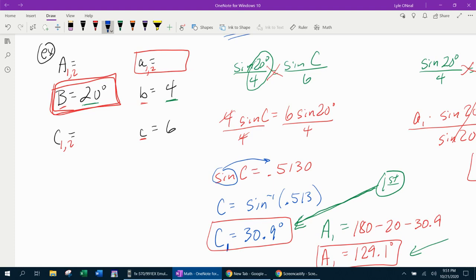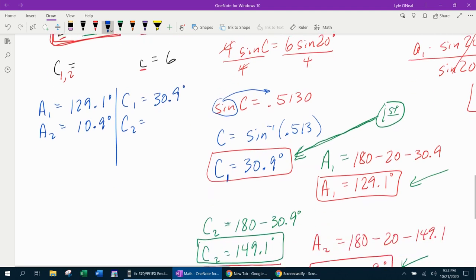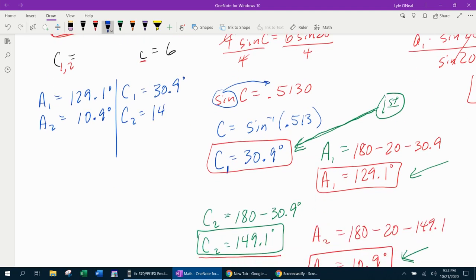All right, so now let's make a list of everything that we found, because I want to demonstrate what I want to see on the test, okay? A1 and A2. That was 129.1 and 10.9. And then C1 and C2, 30.9, 149.1, and then A1 and A2.